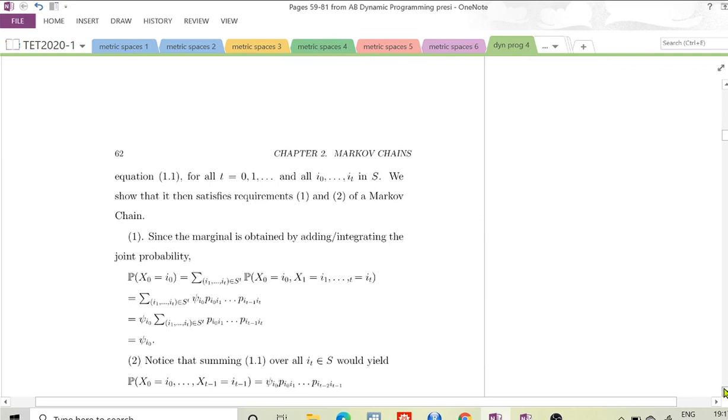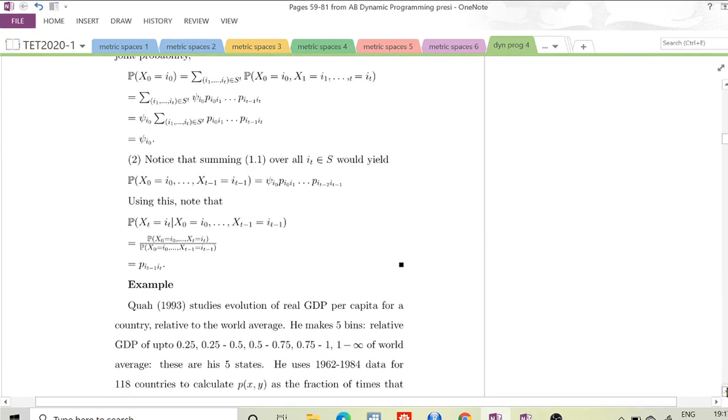In other words, in that case, the probability that x naught is equal to i naught is exactly psi naught, and the probability that xt is equal to it, given the earlier path, is exactly given by this number from the stochastic kernel. Okay?